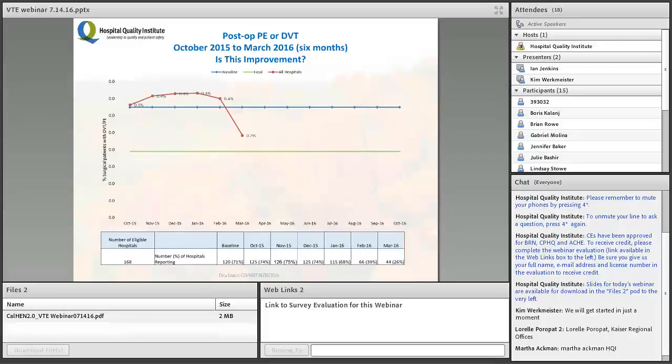So while it looks like we've made this massive improvement, not quite to the goal yet, I don't know if that's a true look at this. Hopefully we've made even better improvement, and if all of our hospitals were submitting the data, then we could really show this. This is the kind of work where we have to show our data in order to continue getting funding for these types of opportunities and to be able to provide all kinds of education.